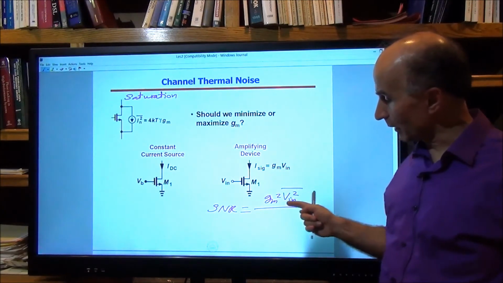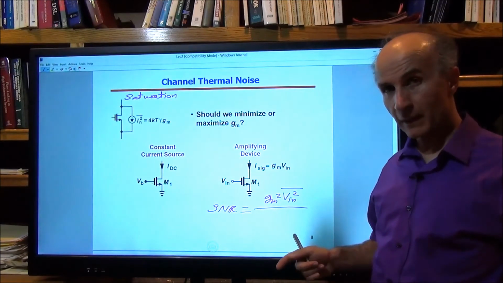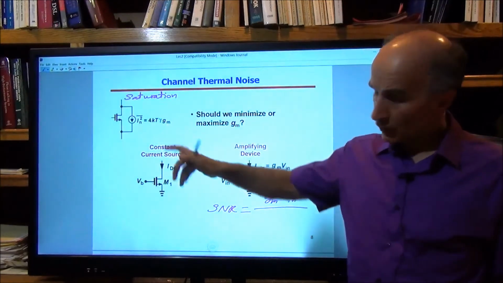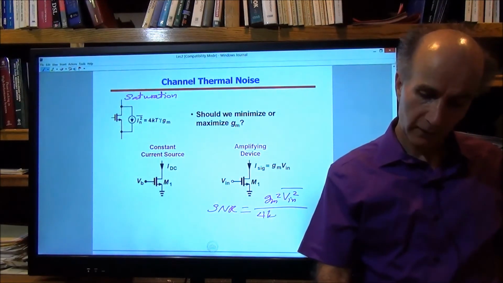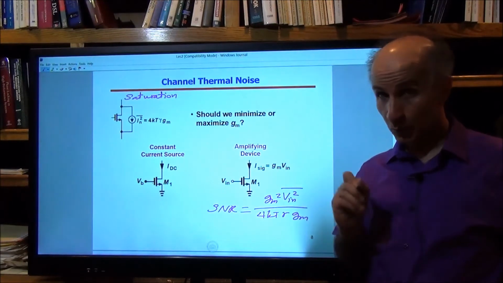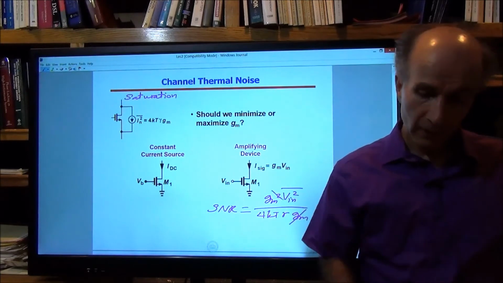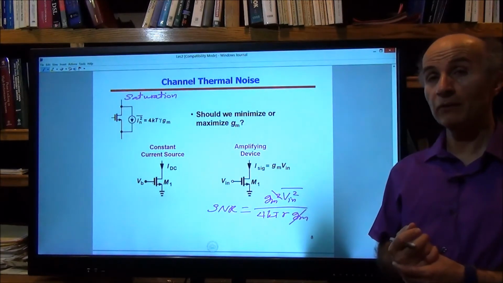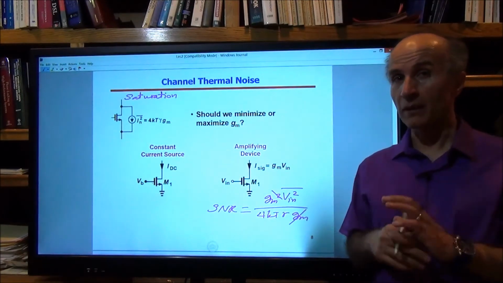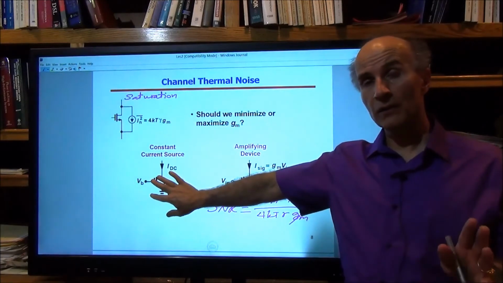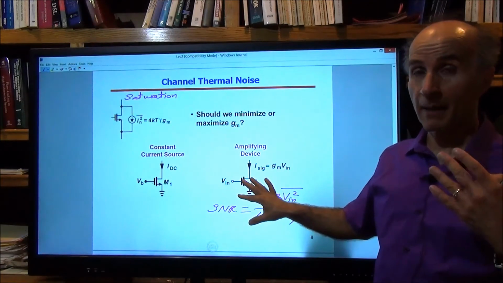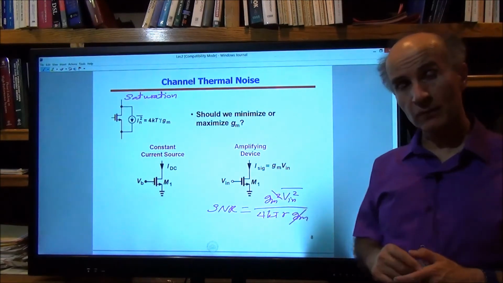So that is the amount of signal that we have at the output, and then we have to divide that by noise. Both of these are current quantities, and this noise is given by 4kTγGM. So what this tells us is that to maximize the SNR, we have to maximize the transconductance of the device. So the conclusion here is that if the device acts as a constant current source, its GM should be minimized. And if the device acts as an amplifying device, then its GM has to be maximized.